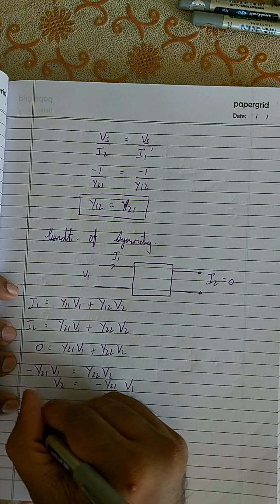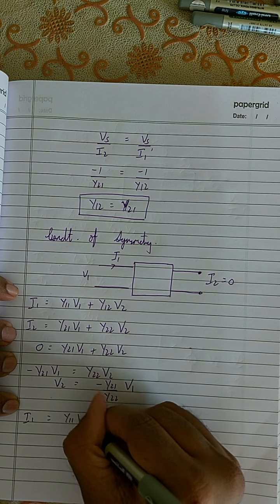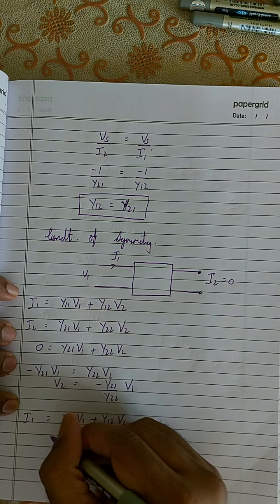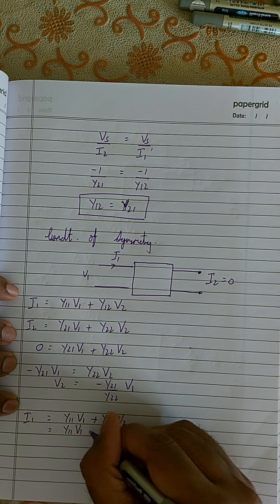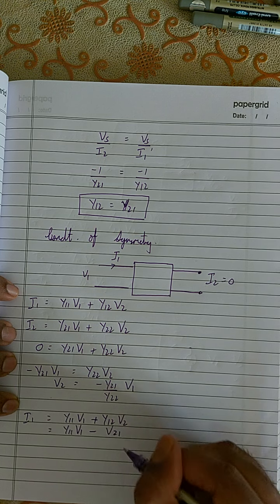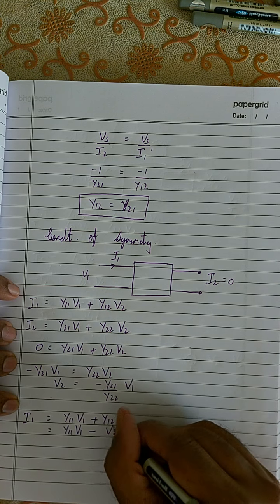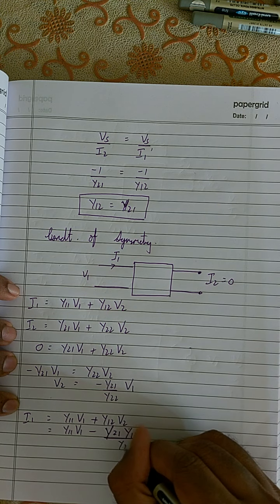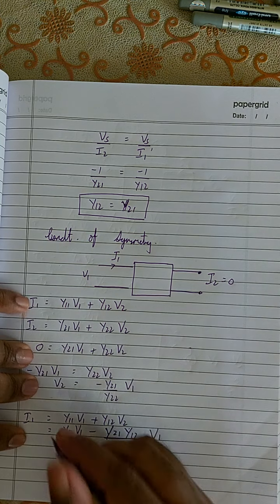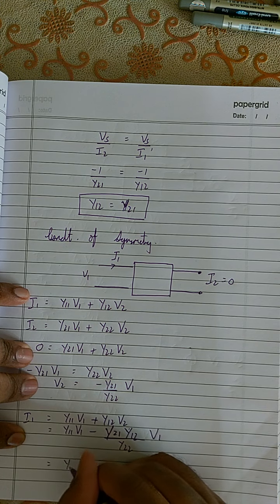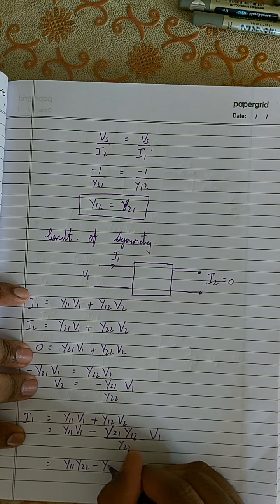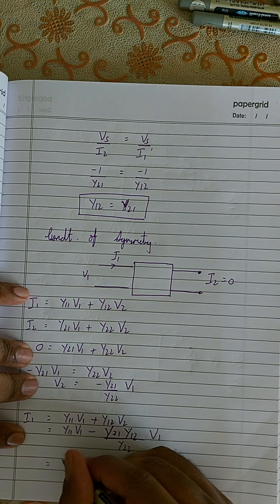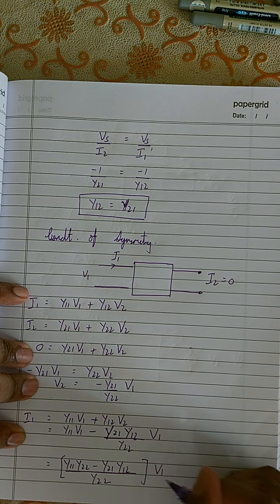So in that case, I1 is equal to Y11 V1 plus Y12 V2, but V2 is this one, so I can say that this is equal to Y11 V1 minus Y21 Y12 by Y22 V1, which is also equivalent to Y11 Y22 minus Y21 Y12 by Y22, into V1.